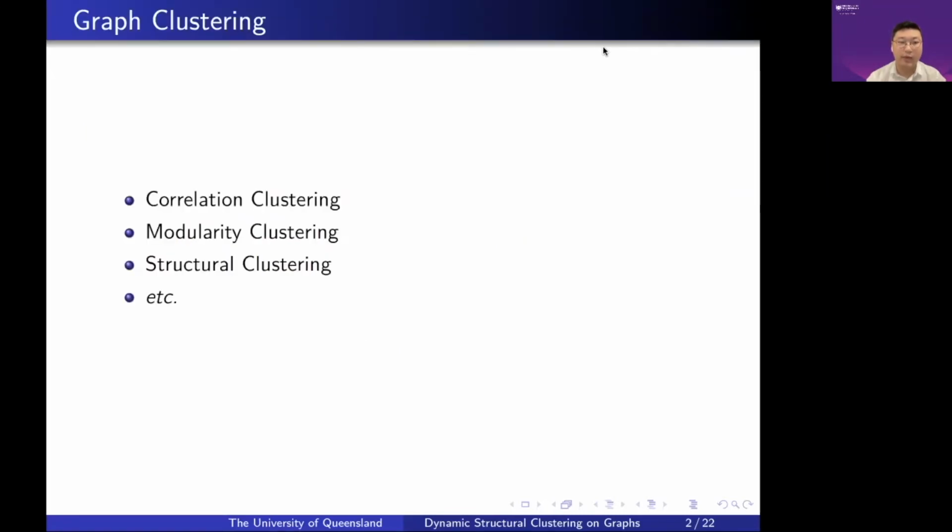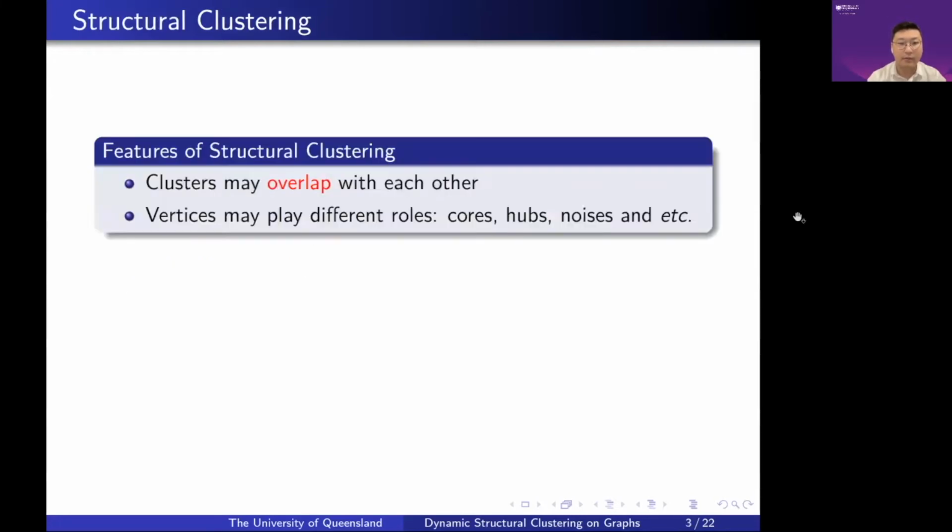There are many variants of graph clustering algorithms, such as correlation clustering, modularity clustering, structural clustering, etc. An interesting feature of structural clustering is that in the clustering result, clusters may overlap with each other. As a result, vertices may play different roles.